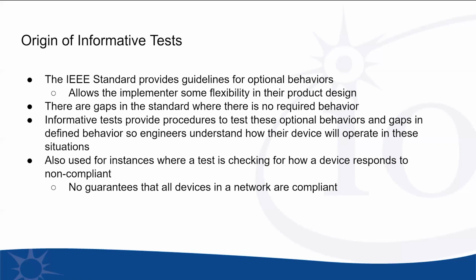And then it is also used in some of our test plans for instances where, in order to run a test to check a certain behavior, we have to send it non-compliant something, whether it be transmissions, non-compliant signaling, non-compliant DME advertisements, just something that is non-compliant. There is no guarantee that all of the devices in a network are compliant. So this can help to see and ensure that your device is going to behave as you expect it, even when it receives something that it hopefully will never receive.